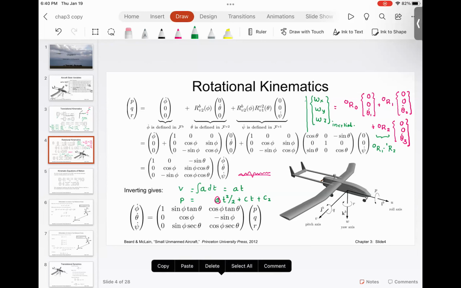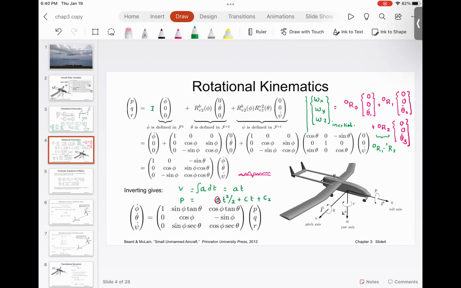Please understand, the first term is an identity matrix, 0 R0. The second term is the rotation in the vehicle 2 frame that is transferred to the body frame. Then you have the rotation in the vehicle 2 frame multiplied by the rotation in the vehicle 1 frame, multiplied by the rotation.